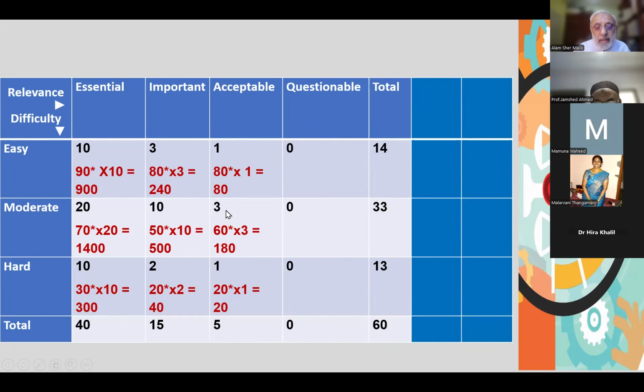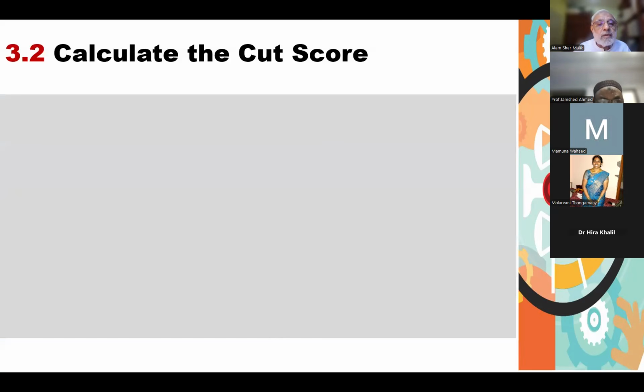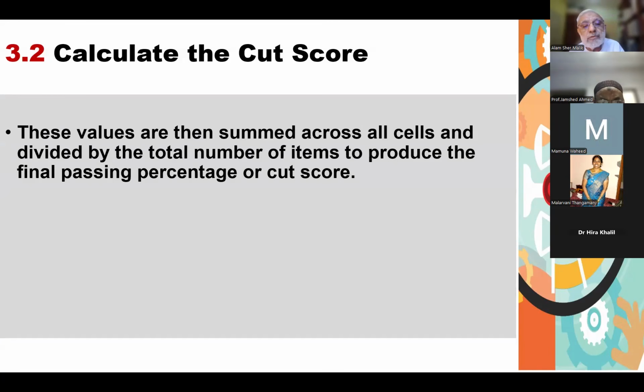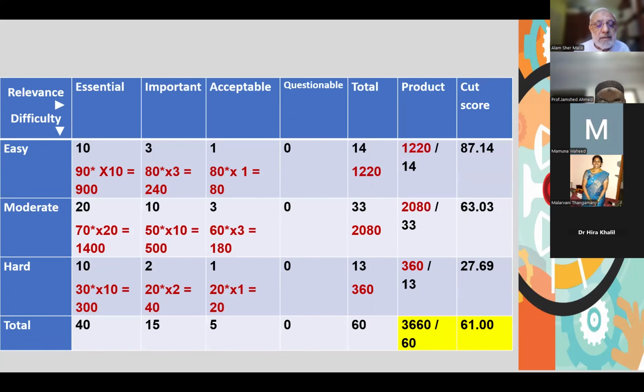Then what we do is that these values are summed across all cells and divided by the total number of items to produce the final passing percentage or cut score. Let's see here. We have 900, 240, and 80.